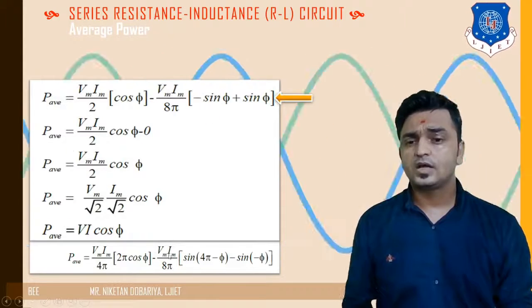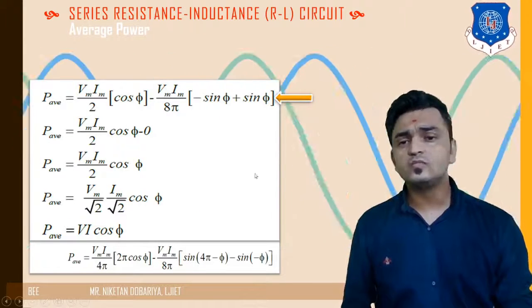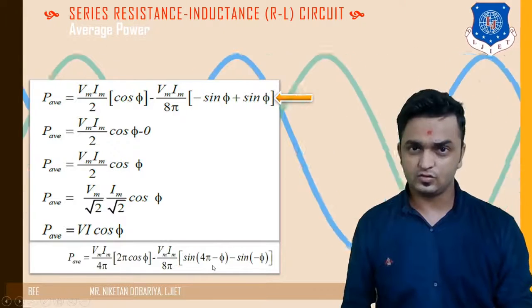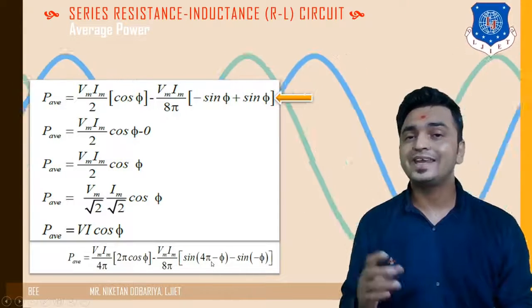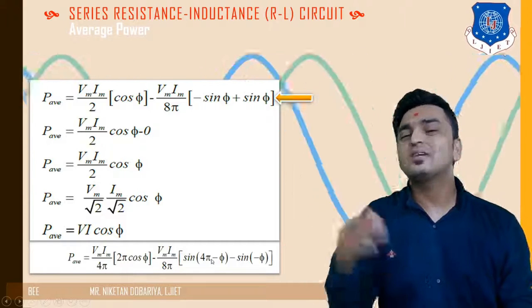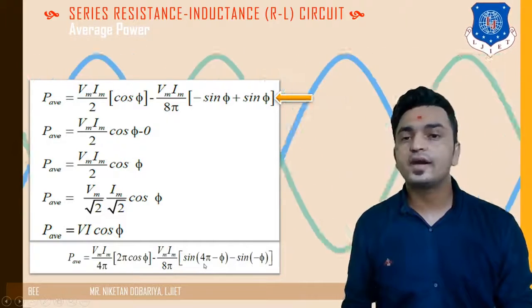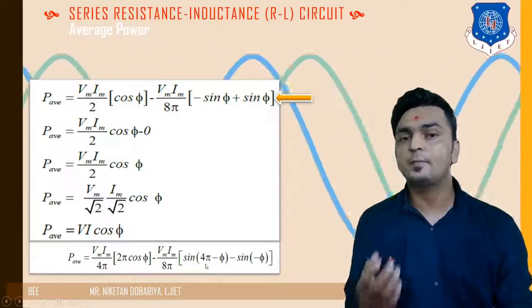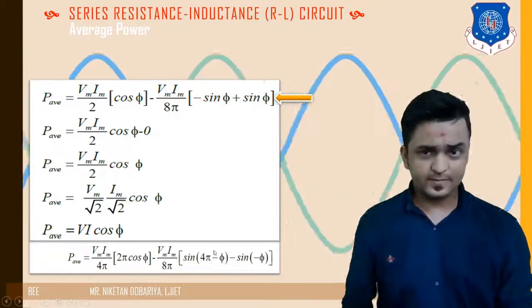Now let's continue. For sine(4 pi minus phi), we know that if the angle has a 2 pi or 4 pi, we can convert it to 0, because the value of sine(4 pi minus phi) and sine(minus phi) is the same.